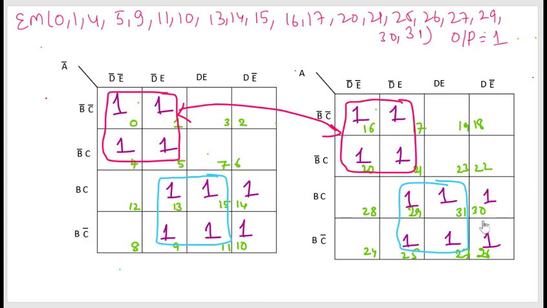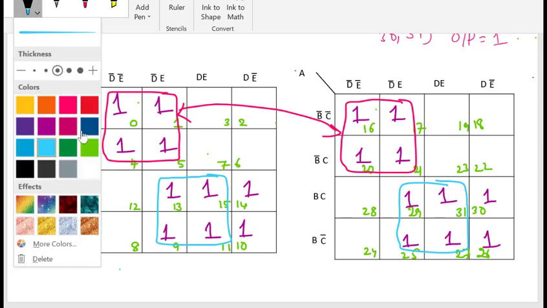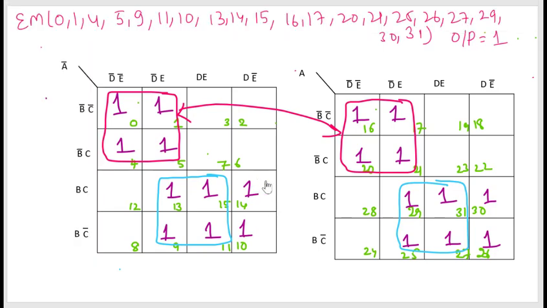Instead of forming a quad, we are going to form an octet by considering these 4 ones, these 4 ones. That means you are allowing the overlapping so that you get the minimum number of literals. So in this case, you are going to have these 4 ones and these 4 ones as one more octet. So you are going to have a total of 3 octets if you write the expression for y.